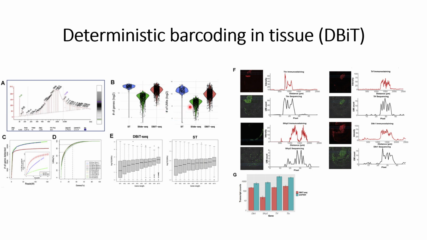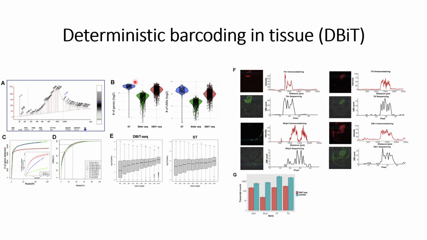And when they checked the unique molecular identifier, they can see that it is also comparable, or we can say the unique molecular identifiers are higher than slide-seq. However, the difference is that the spatial transcriptomes are done on 50 micrometers, whereas DBiT-seq and slide-seq are done on a 10 micrometer microfluidic width.